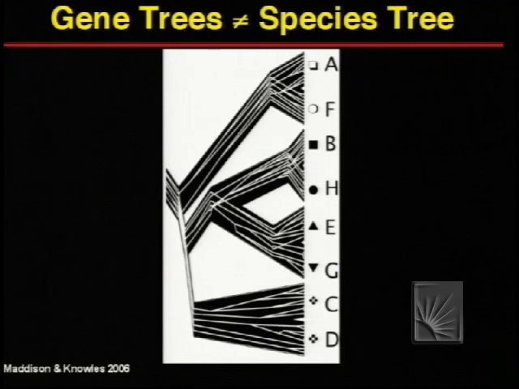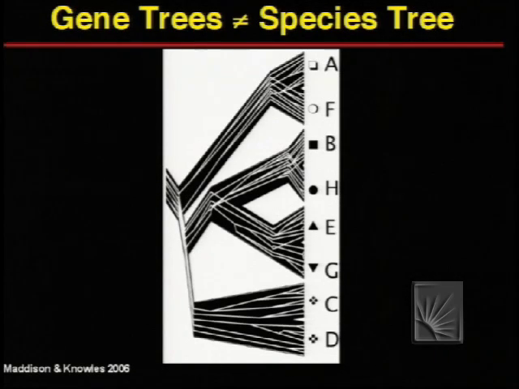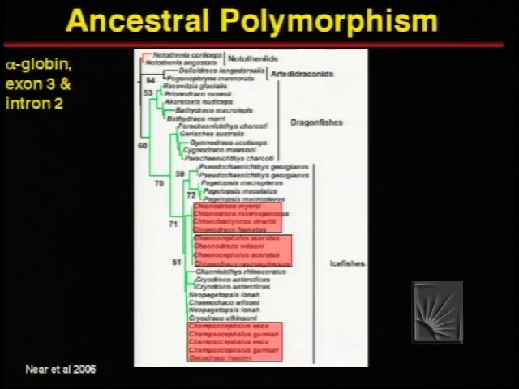We know that's wrong. And the reason why that's wrong is because you can maintain polymorphism that you've inherited from your ancestors, and just by random chance alone, the way those alleles are sorted among lineages, you could essentially infer the wrong tree from any given gene tree, okay? So this is a whole body of methods called coalescent methods, a whole body of theory called coalescent theory.